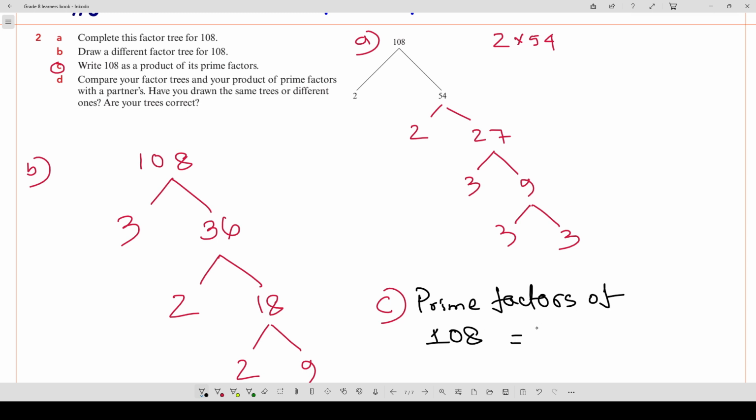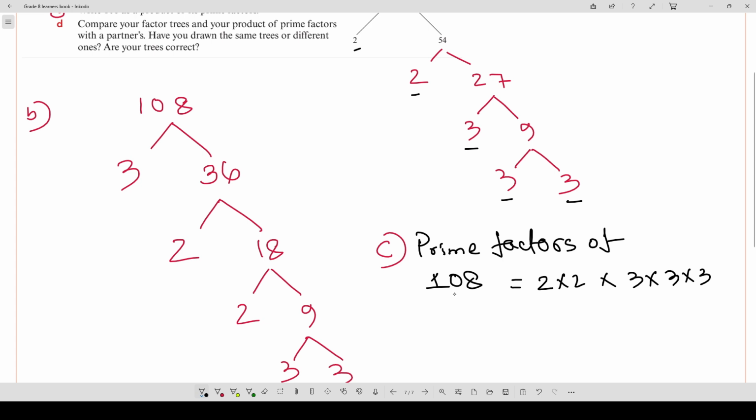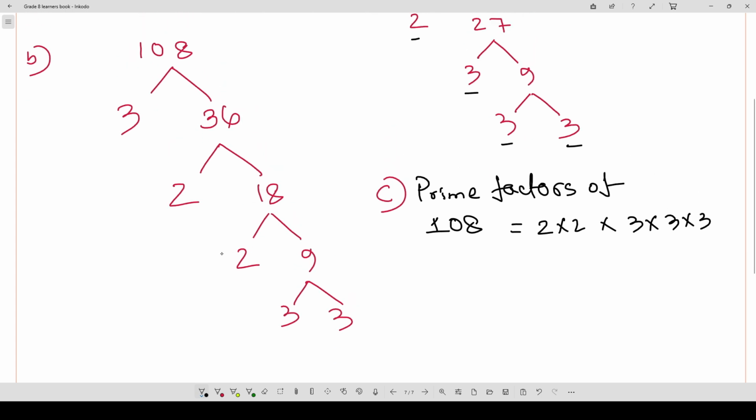It will be, look, if we consider this one, 1, 2, 2 times 2, then 1, 2, 3, three threes, so it will become 108. And if you check differently, like this one, 1, 2, here is 2 twos and 1, 2, 3, this one also same.